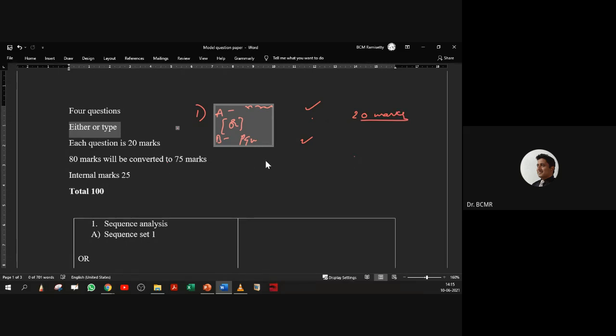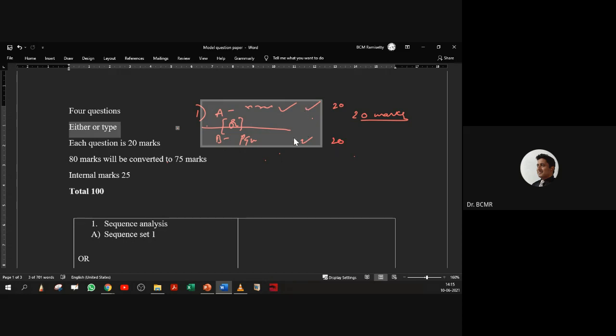So each is 20 marks. And in Code Tantra, when you're doing it, you'll see both the questions; for question number 1, A and B will be shown. You can choose to write either of them, not some parts from here and some parts from there.